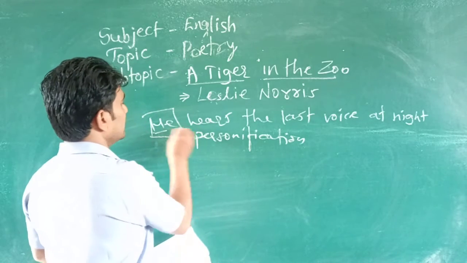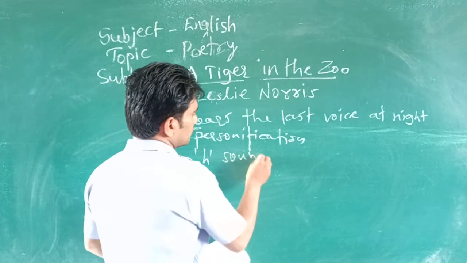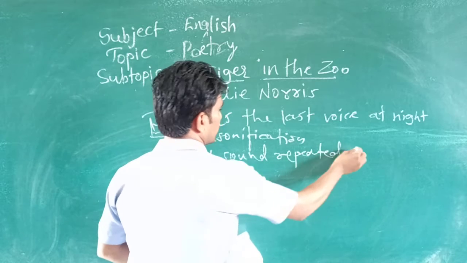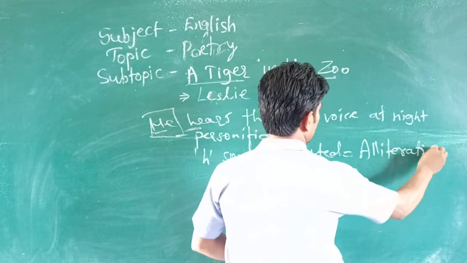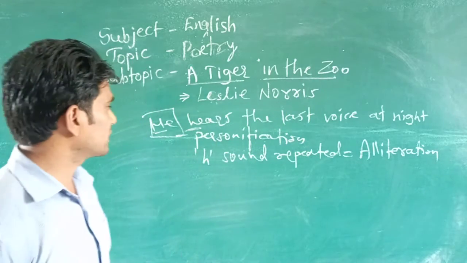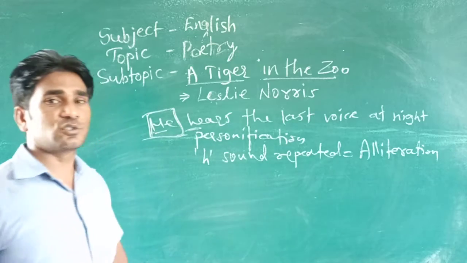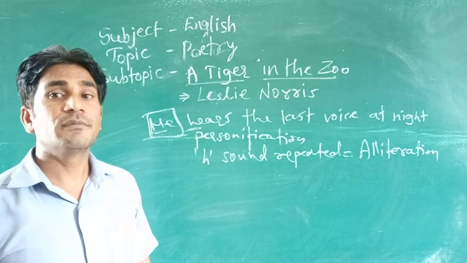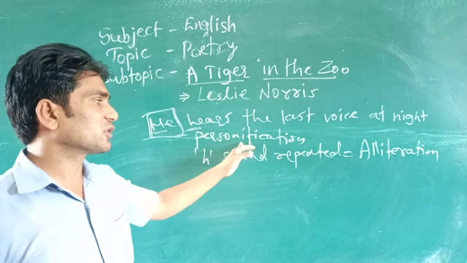Then again, he hears her sound repeated, so alliteration. Personification, why? Because he, the pronoun that is used for a human being, is referred here to a non-human being, that is the tiger, and that's why it is again personification.